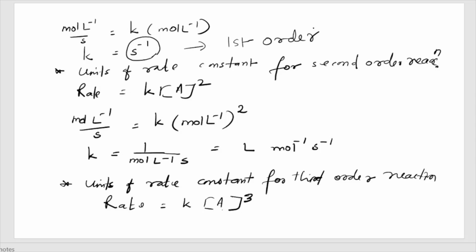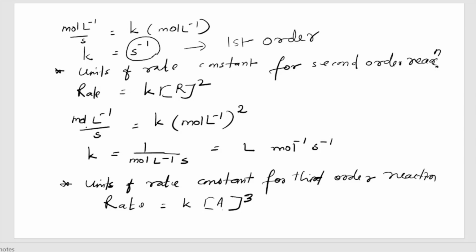What is A? You should actually write R, otherwise it will confuse. R is the reactant. So here, the concentration of reactant to the power 2, so moles per liter to the power 2.